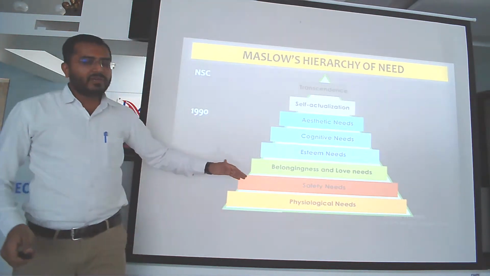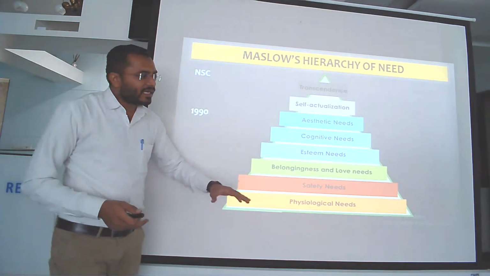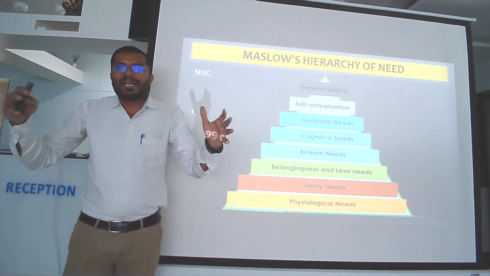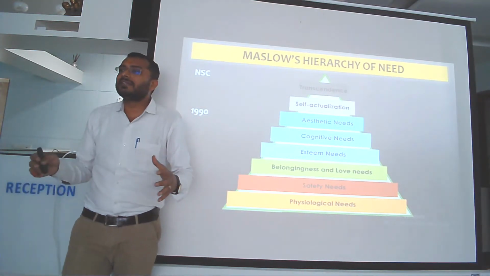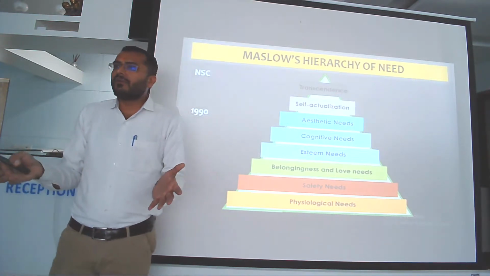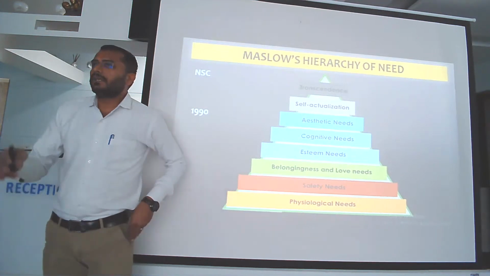When we go higher, the safety needs come in. Every person wants to be guarded in life, and they need safety. So always we are trying to make safety.